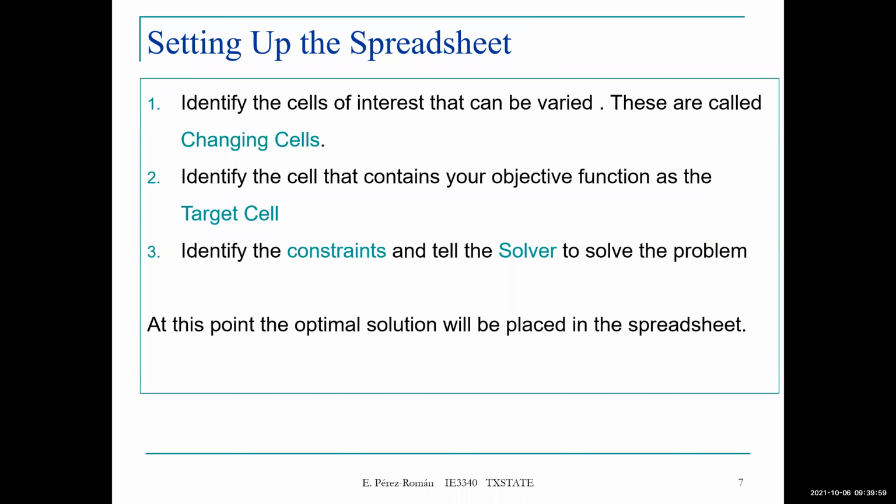Then identify the cell that contains your objective function, and that will be our target cell. And then we're also going to identify the constraints and tell the solver to solve the problem. At this point, the optimal solution will be placed in the spreadsheet.